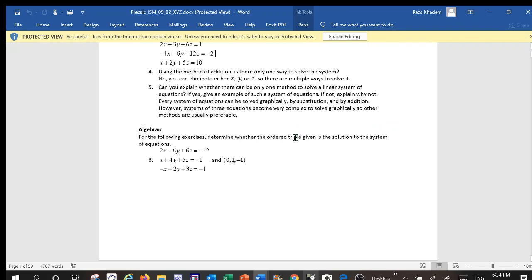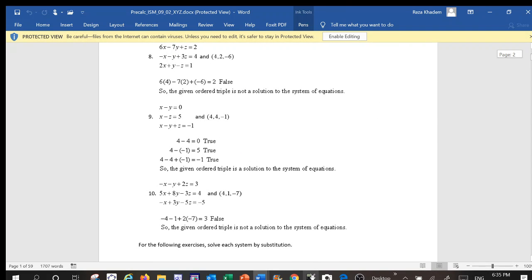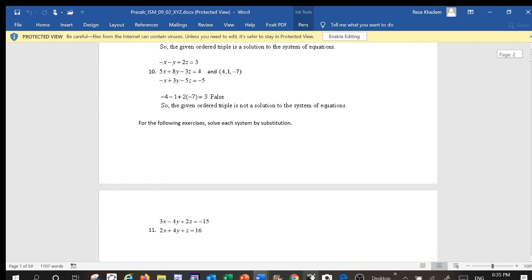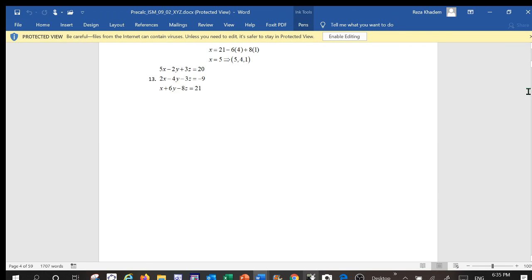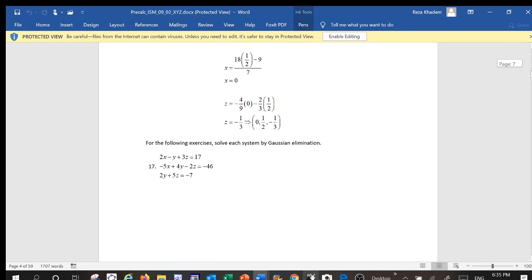Okay, so it would be chapter 9b. So we'll look at one that has many solutions. So let's see if we can find one that has many solutions.